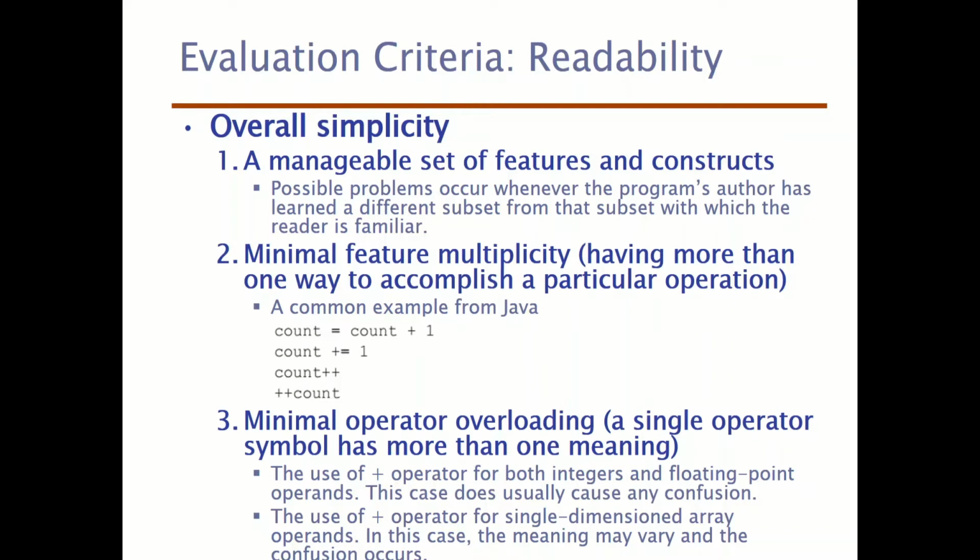So if another programmer writes from somewhere the reader is not familiar with, then we will get a problem with readability. That's why an extensive set of features can be an advantage. Why? It accommodates many applications, and at the same time it increases the difficulty.